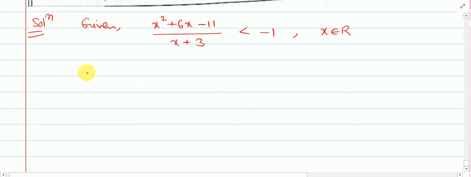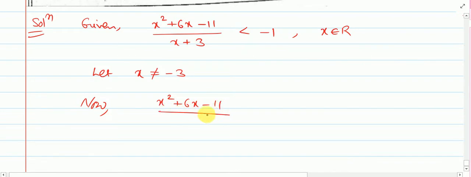And one more thing, that here x cannot be equal to minus 3. So we'll write, let x not equal to minus 3. Now x square plus 6x minus 11 upon x plus 3 less than minus 1.